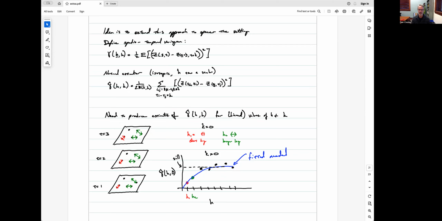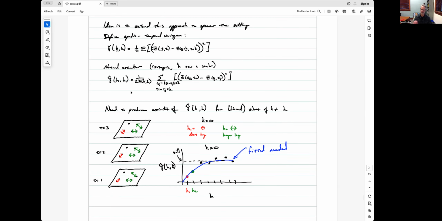And then we're going to take all of those pairs that meet these requirements, take the difference, square them, add them up, divide by that number to get our empirical space-time variogram. So this seems like an obvious definition, but it's because it's an argument of 2 different things: a lag h, which I'm going to assume is distance, and I'm going to assume things are isotropic just to make my life easy, and also a time lag k.